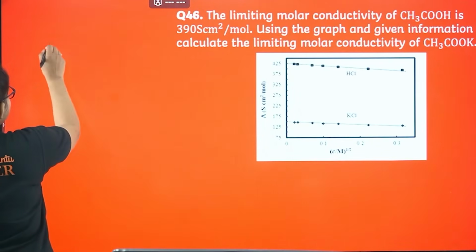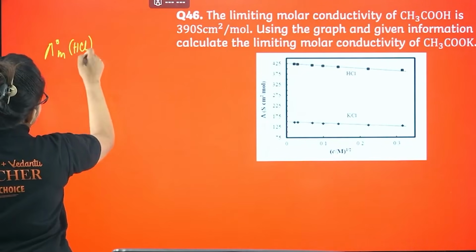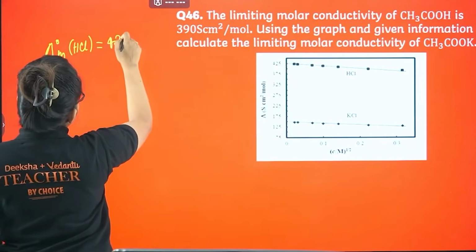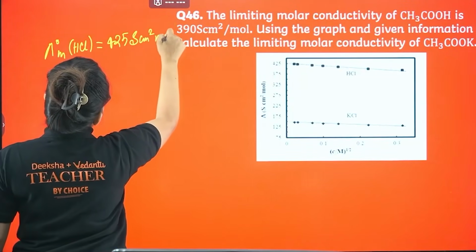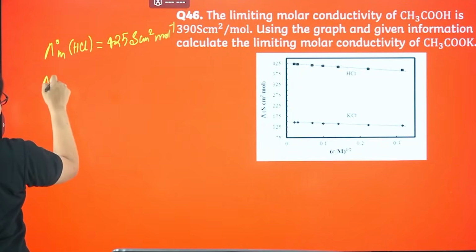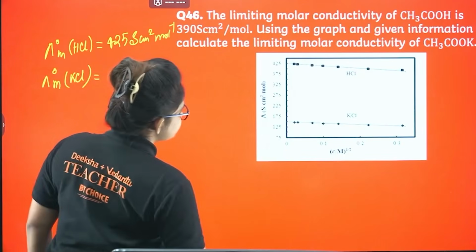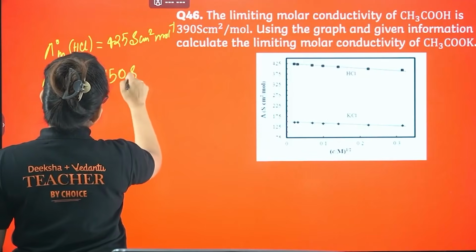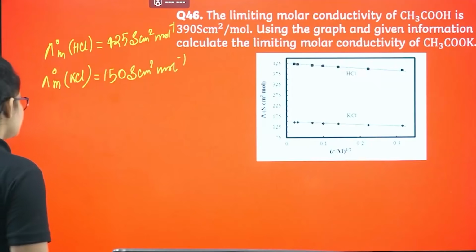So the limiting molar conductivity of HCl, the intercept, is 425 S cm2 mol-1, right? Now for lambda m0 for KCl, that is also given, basically in between 125 and 175. So I can take 150 S cm2 mol-1, right?